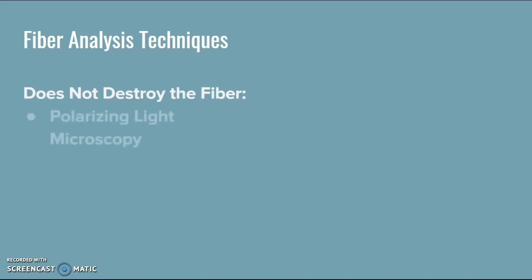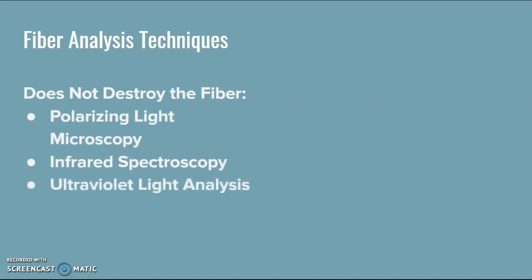So once we have these fibers and we've looked at them under the microscope, if we still can't determine exactly what type of fibers they are, or if we want to compare two different types of fibers, we have different techniques that we can use. There are a couple of techniques that do not destroy the fiber: polarizing light microscopy, infrared spectroscopy, and ultraviolet light analysis.